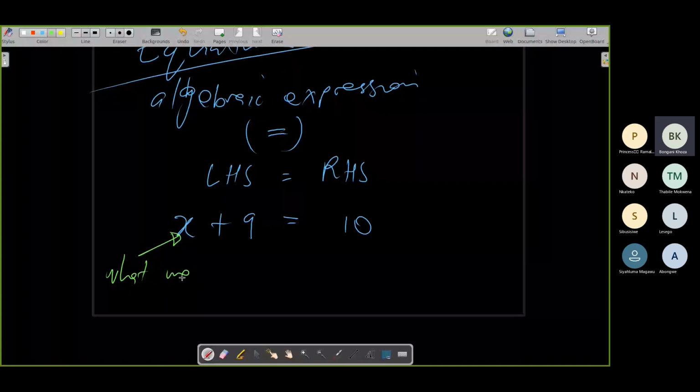By inspection, for this side to be 10, you just need this one to be 1. So our x value here has to be 1. So we have 1 plus 9 giving you 10, right? But we need a method that we can apply to actually solve that.